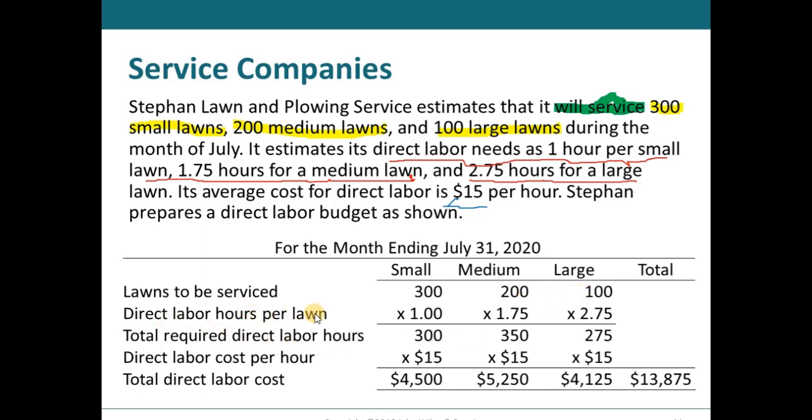Direct labor hours per lawn, as we see. Total required direct labor hours times the rate per hour. Direct labor cost per hour $15. Total direct labor cost: $13,875.